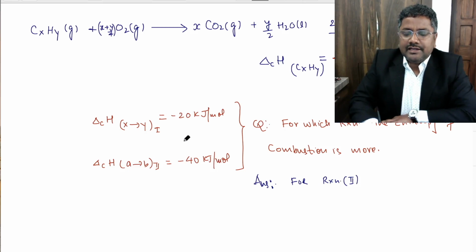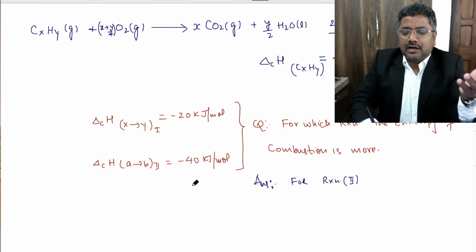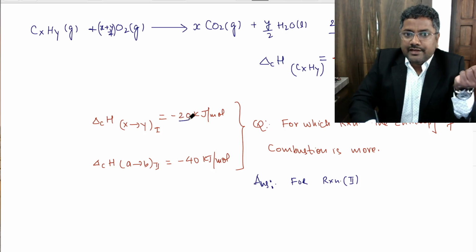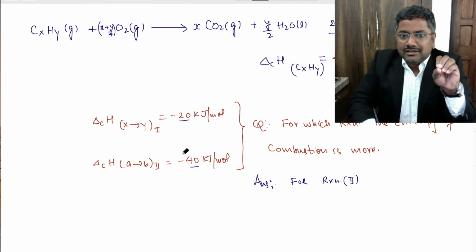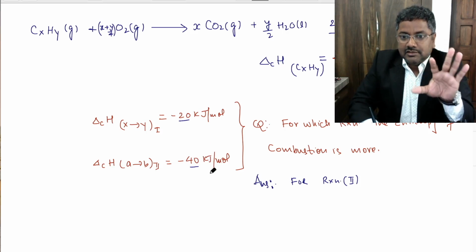See, the negative sign indicates that this amount of energy is going out. How much energy is going out is 20 here and here 40. So don't consider this negative sign with the magnitude here in thermodynamics. Clear? Everybody?